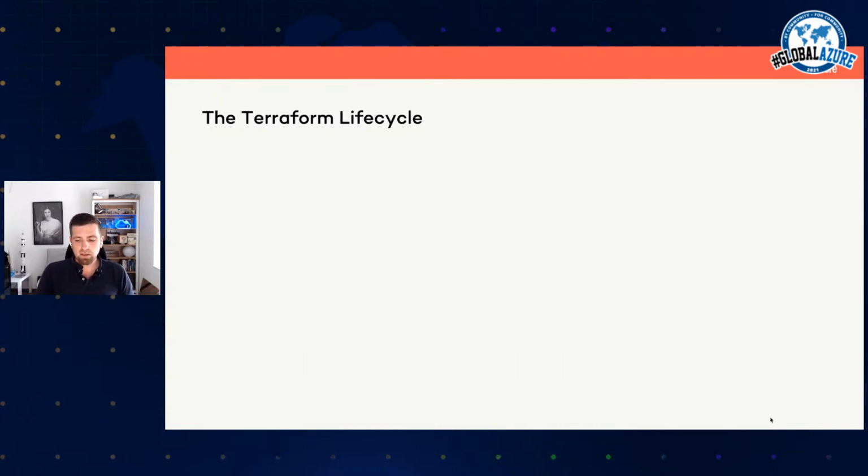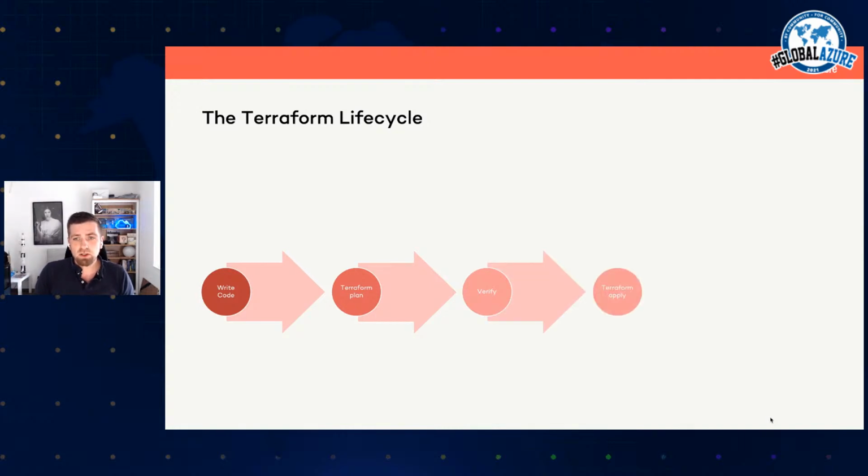All right, so basically all Terraform projects will follow the same Terraform lifecycle. We start writing our code, so we express our infrastructure in code. Then we plan. So we ask Terraform, hey, give me the execution plan. Show me what will happen if I execute this right now. Then obviously we have to verify this plan. And if this plan matches our expectations, then we can execute Terraform apply that will talk to the cloud vendors' APIs and modify the infrastructure.